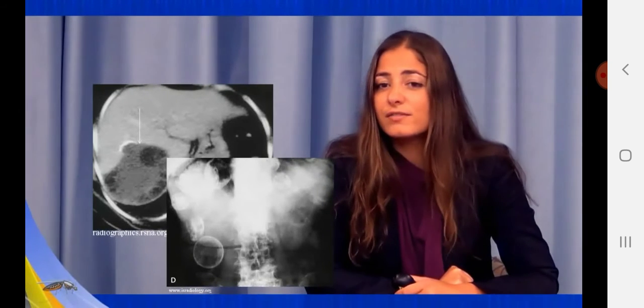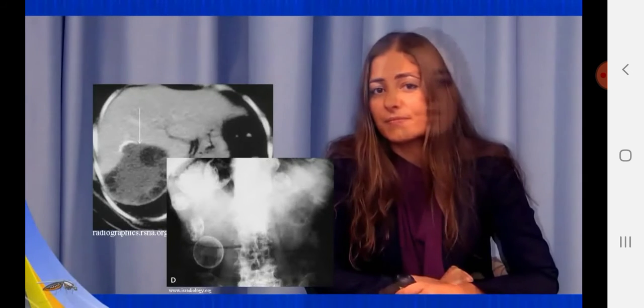The CT image in the upper left corner shows a WHO stage CE2 cyst that is multiseptated with daughter cysts, as indicated by the arrow. The plain radiographic image in the lower right corner demonstrates WHO stage CE5 dead cysts with calcified walls in the liver.